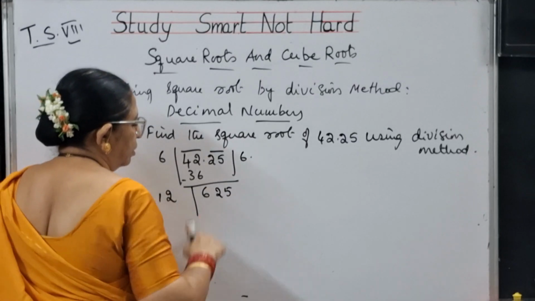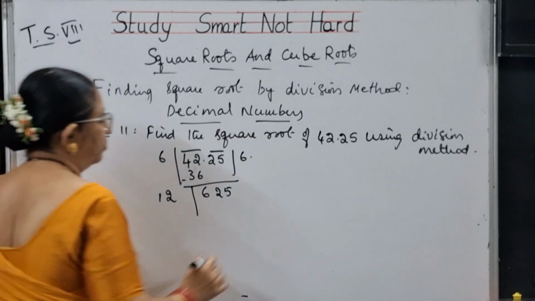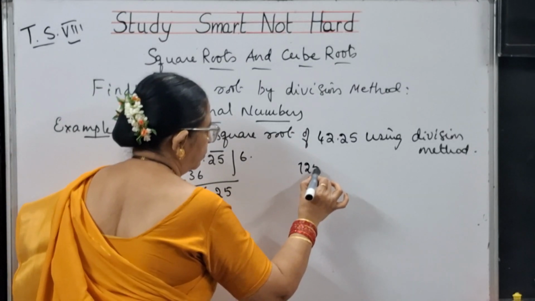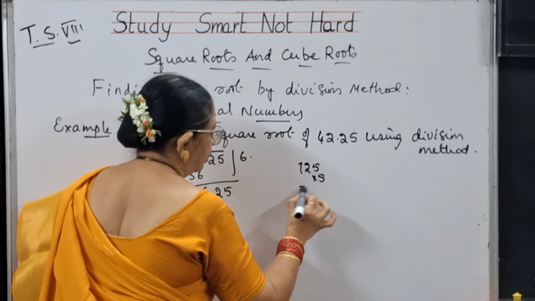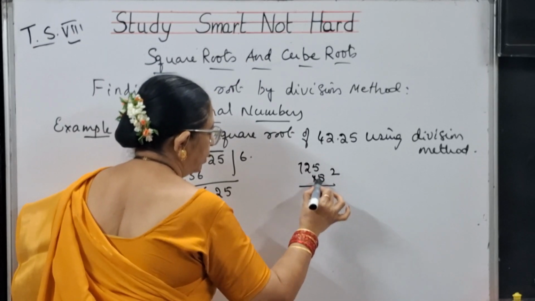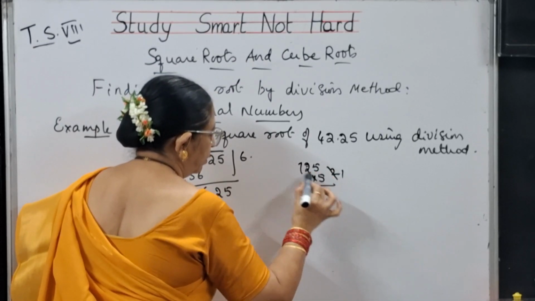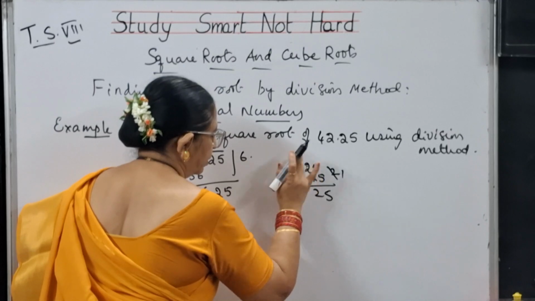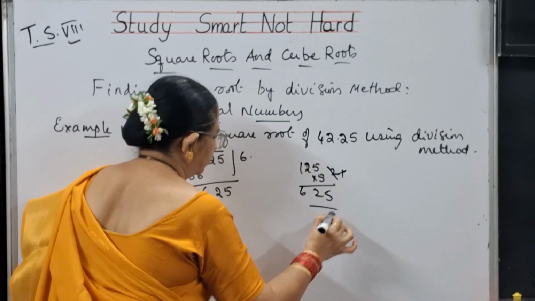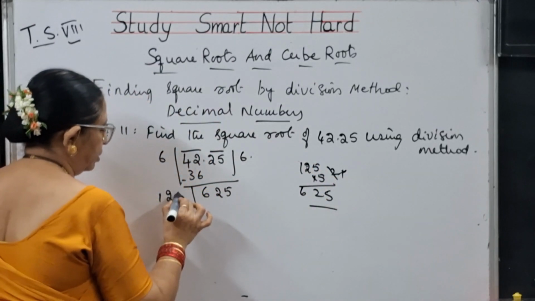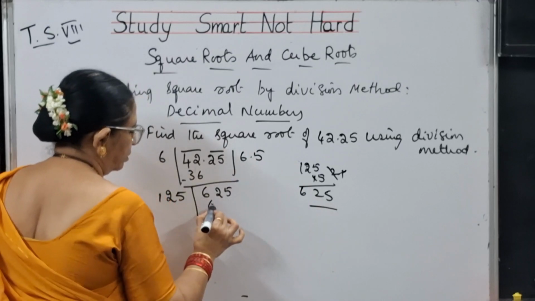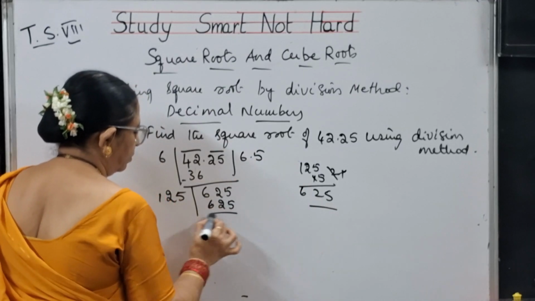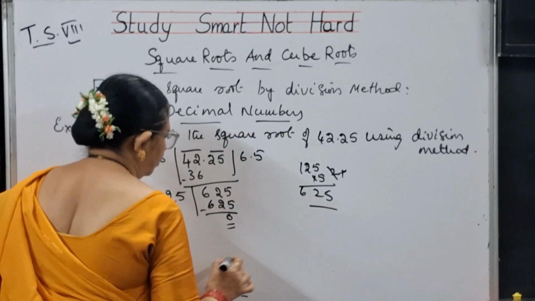So 5 means you know that 5 you will be getting only with the 5. So 125 into 5 you do. 5 fives are 25. 5 twos are 10, 1 is 12. 5 ones are 5. This is 1. 5 ones are 5, 1 is 6, 625. You have got the same number. So 5s are 625. So remainder is 0.